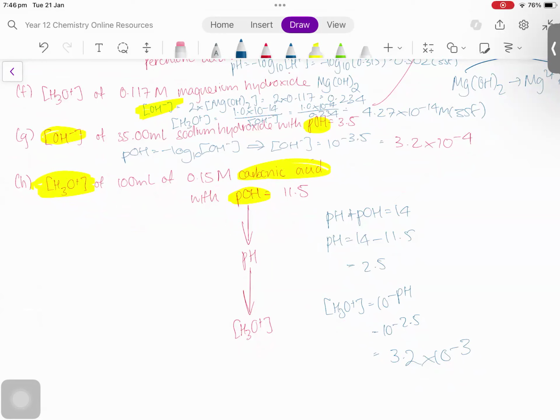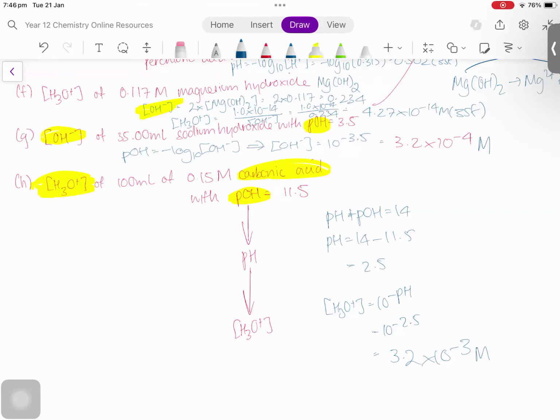I'm going to give you one question where the temperature changes. Remember, at 25, pH plus pOH is equal to 14. The number 14 changes. Would the last two have units? Yes, they would, thank you. G would, because I've asked you for OH minus concentration.